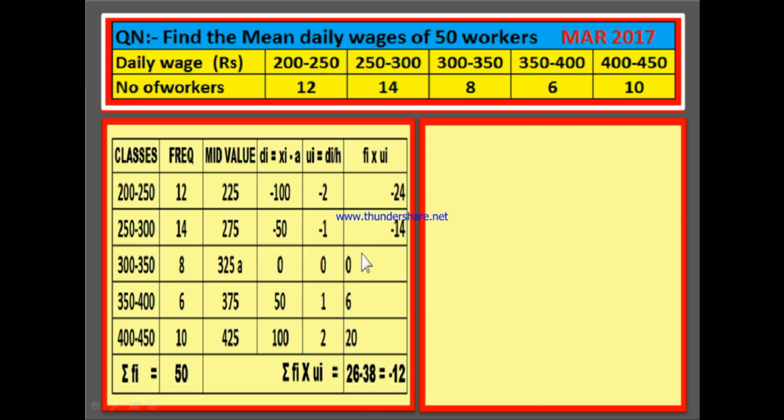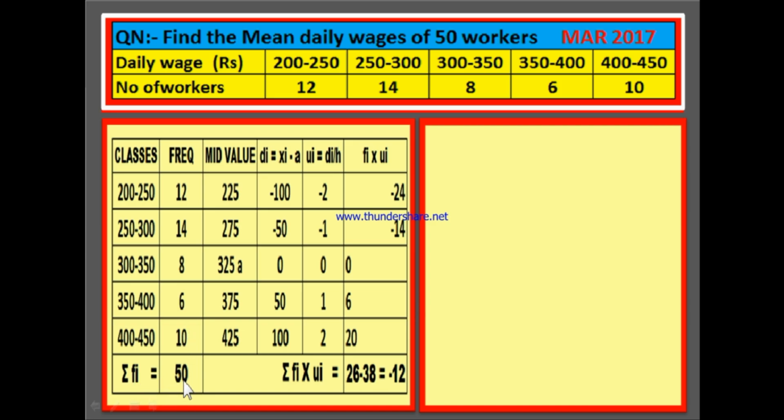You add up now. You add positive values first of all. 6 plus 20 is 26, and you sum up the negative values now. -24 minus 14 is -38. What is 26 minus 38? It is -12. Therefore, sigma fi ui is -12, and sigma fi, sum of the frequencies, is equal to 50.